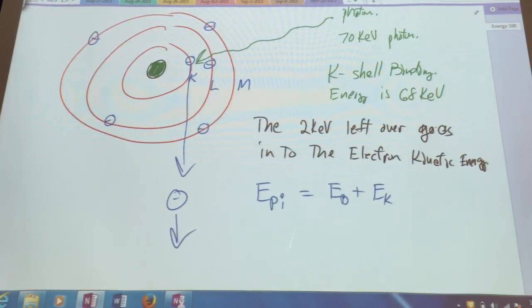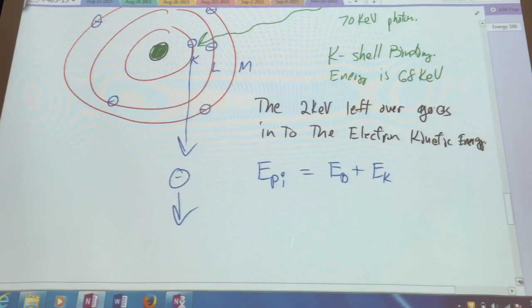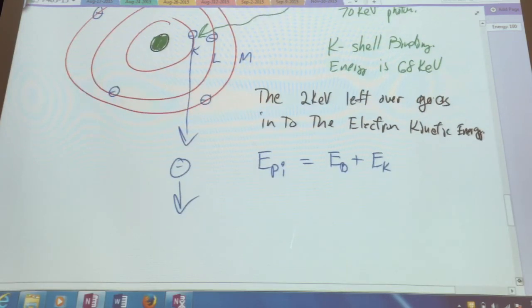Seems so easy now, doesn't it? That's all there is to it. For our considerations, the photoelectric effect primarily interacts with K-shell electrons.